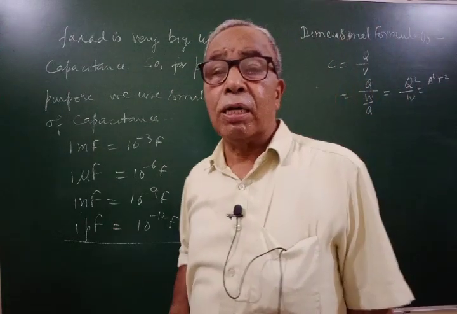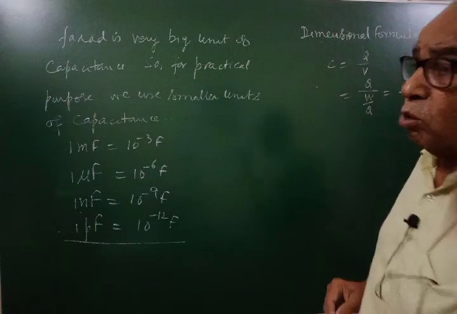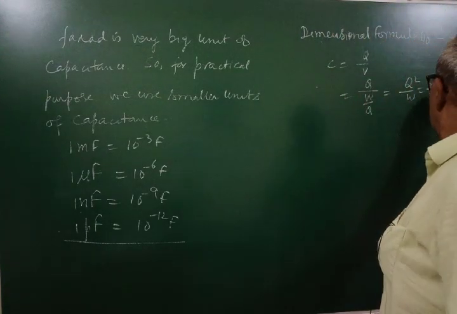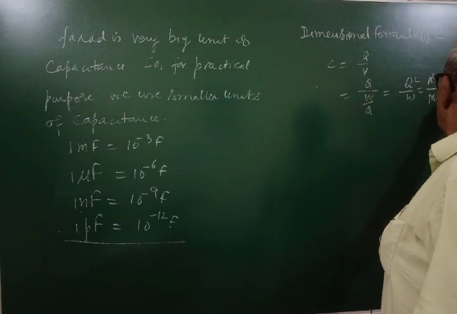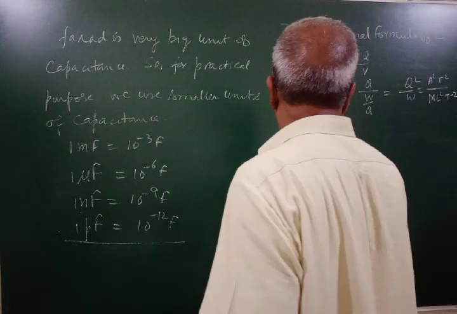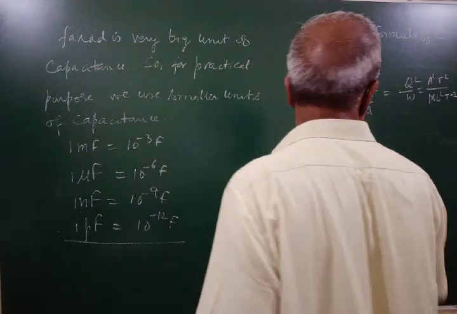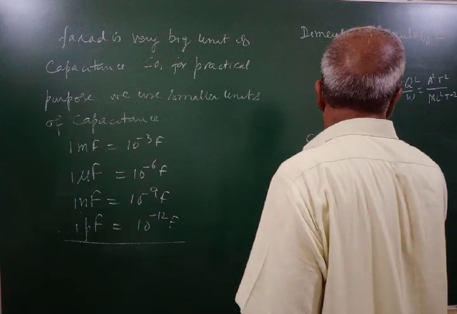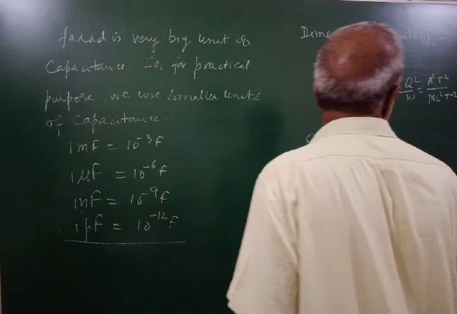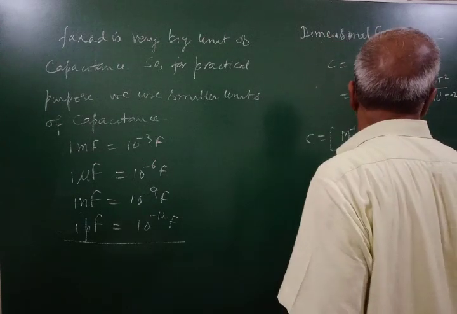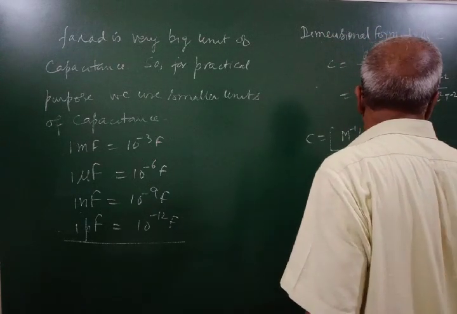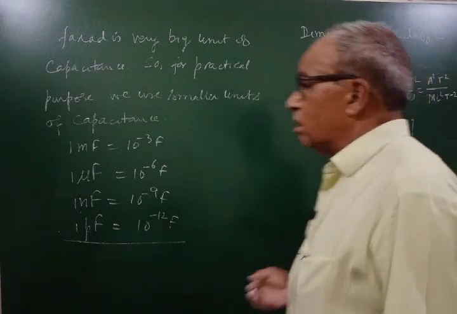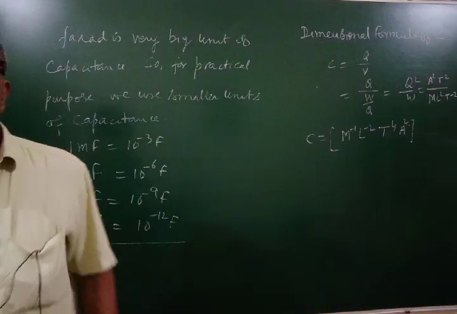Charge is not fundamental, current is fundamental, and Q is equal to IT. Work is ML2 T minus 2. So the dimensional formula for capacitance is M minus 1 L minus 2 T4 A square. Please keep thinking about what can be asked.